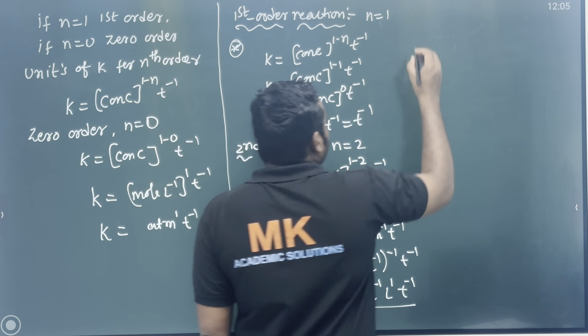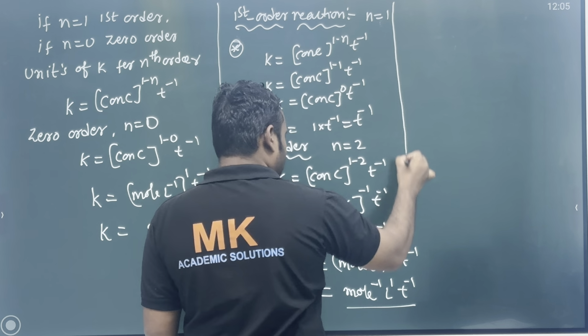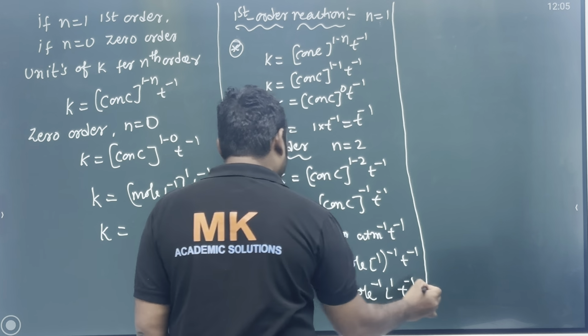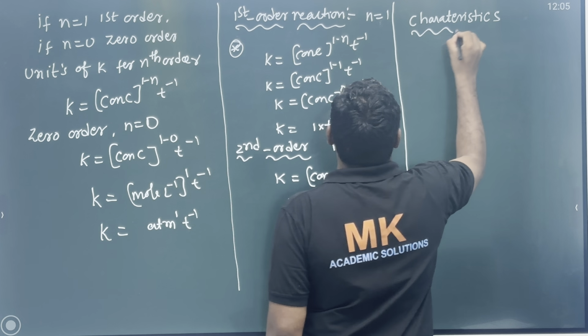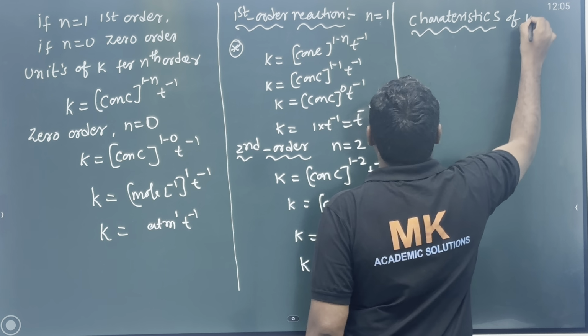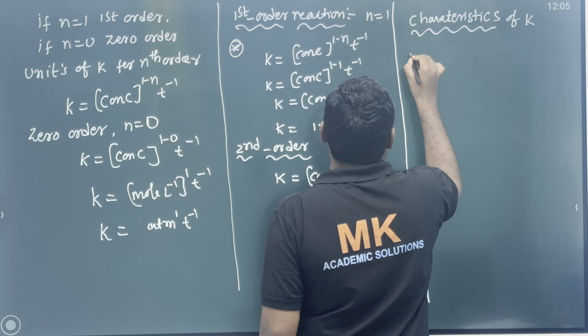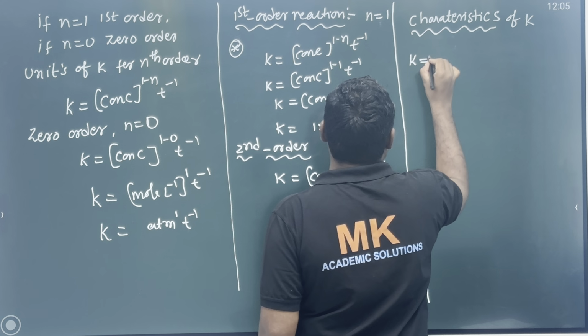Next, characteristics of K. What are the characteristics of the rate constant?